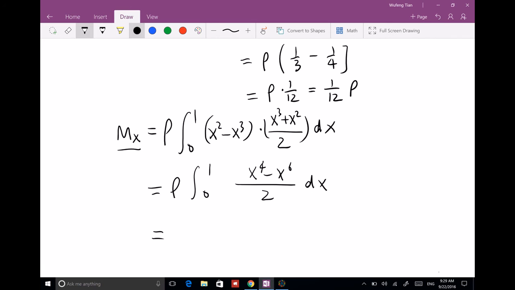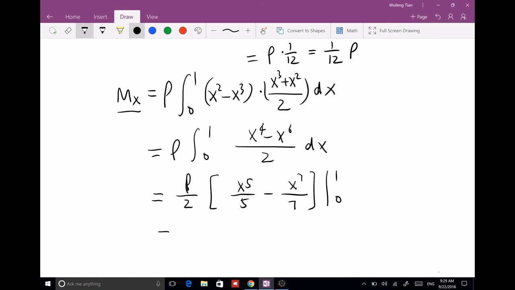So it's half of rho times the antiderivative of x to the 4, which is x to the 5 over 5, and the antiderivative of x to the 6, which is x to the power 7 over 7. You can take the 1/2 out, and then plug in 1 and 0. So you get 7 minus 5 over 35, so it's 2 rho over 35.